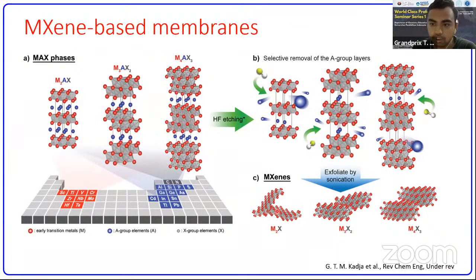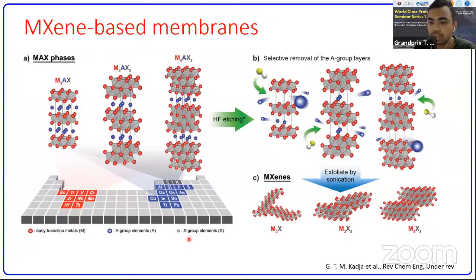It is based on the MAX phases. So we have inorganic materials that are formed by 3 layers. The M layer is the early transition metals. The A layer is the A group elements, and the X is the carbon or nitrogen group elements.